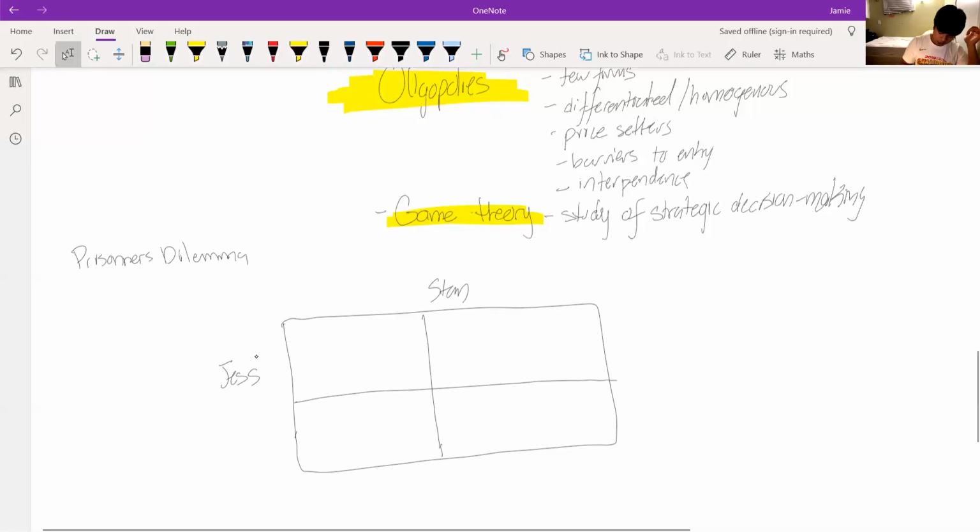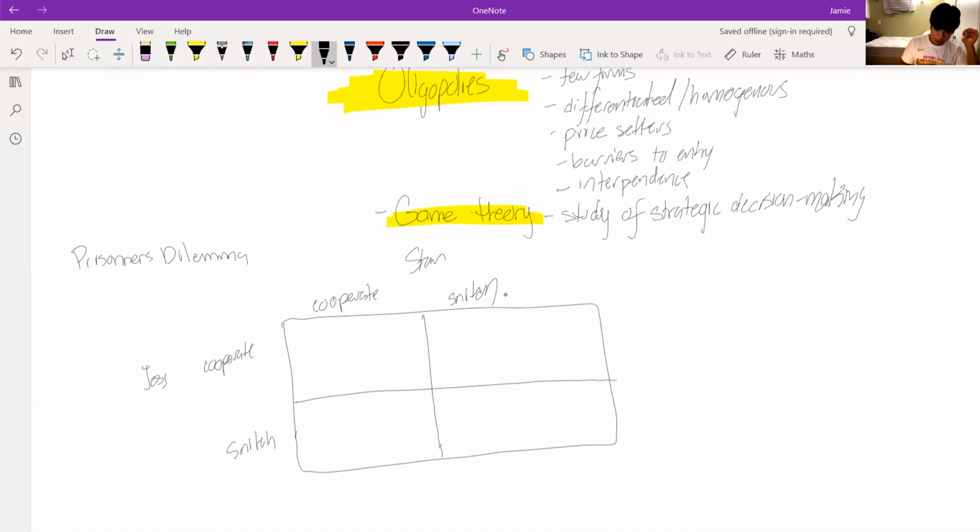So here we will have cooperate, and snitch. These are the moves that both parties could make. We're just drawing out the payoffs: 1, 1, 3, 0, 0, 3, 2, 2. Okay, perfect.